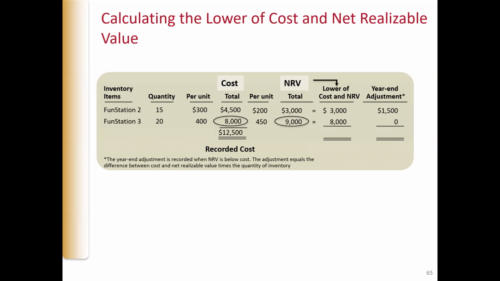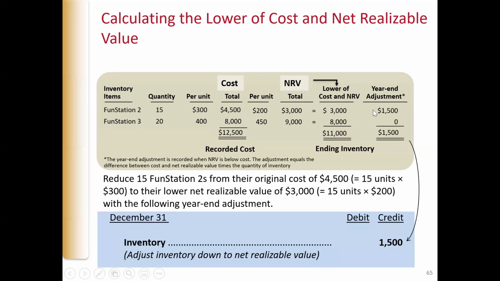If the cost is lowest, we do nothing. But if the net realizable value is lower, we need to adjust our books by showing a debit to cost of goods sold, and we reduce our inventory by that amount.